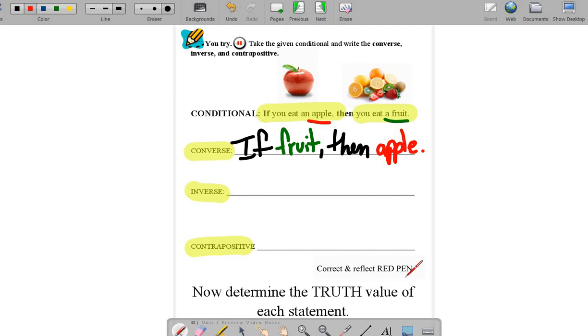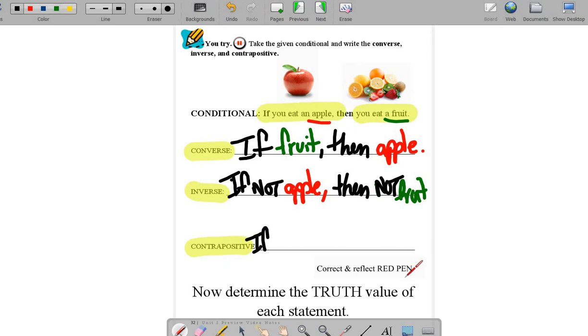Okay. The inverse, you negate. You say the opposite of the original. So the original was apple, fruit. So not apple, not fruit. If you've not eaten an apple, then you've not eaten a fruit. Contrapositive is you switch and negate.